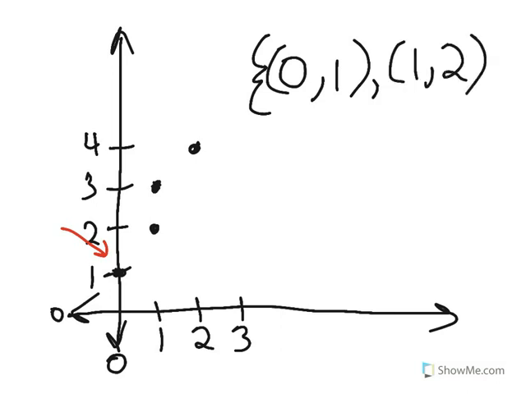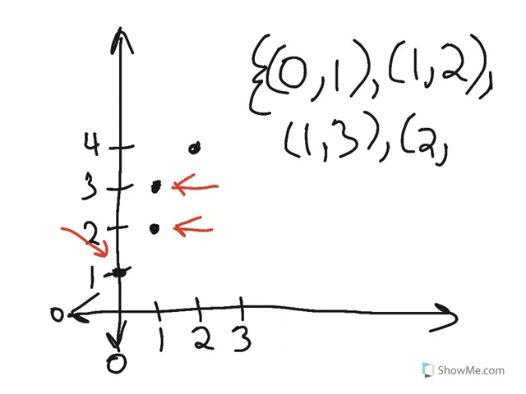That one's right here. The next one after that is 1, 3. And that one's right here. And finally, the last one again is 2, 4. And that one's right here. Each of the ordered pairs that we had from the beginning are represented on this graph.